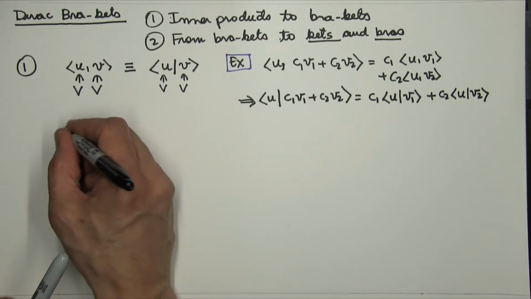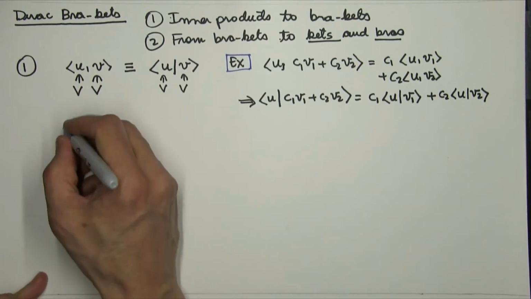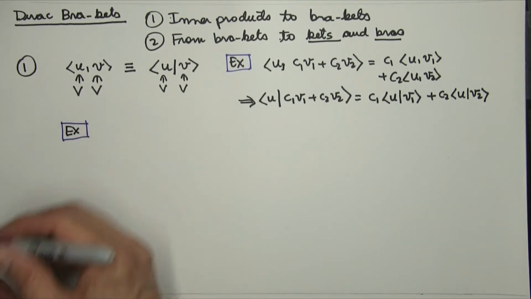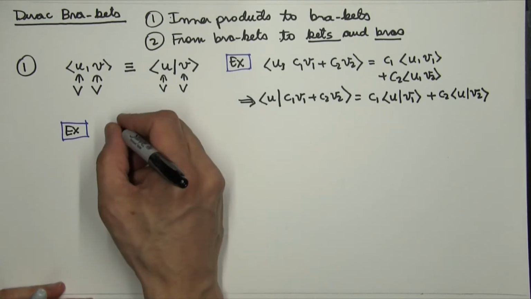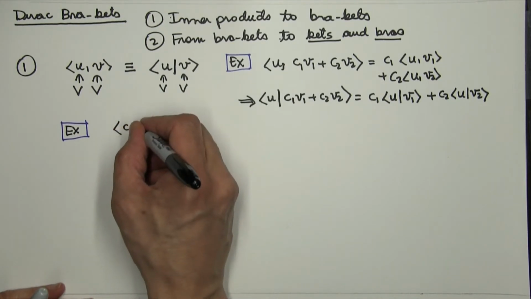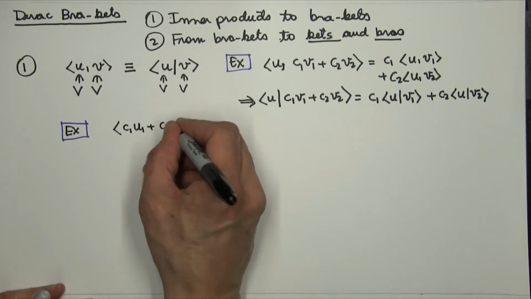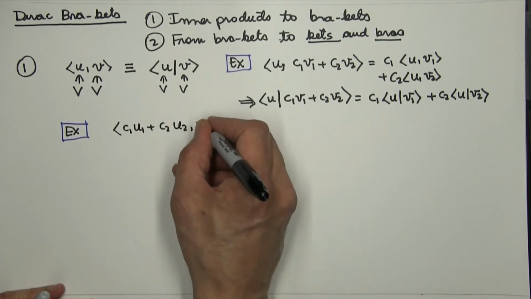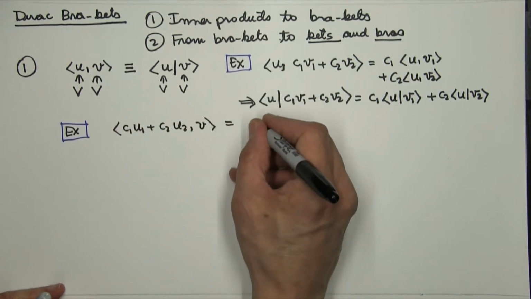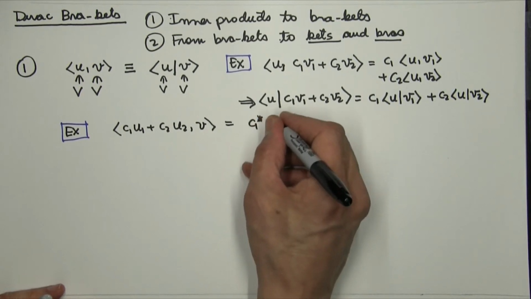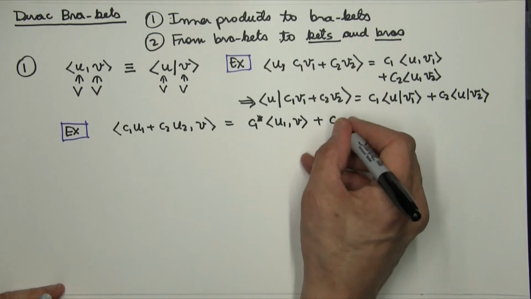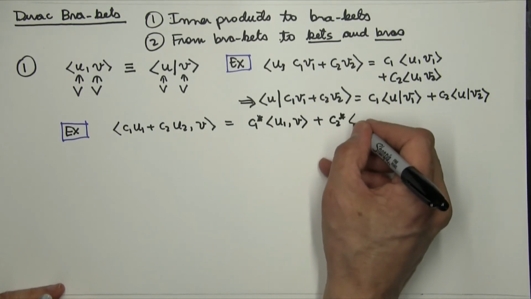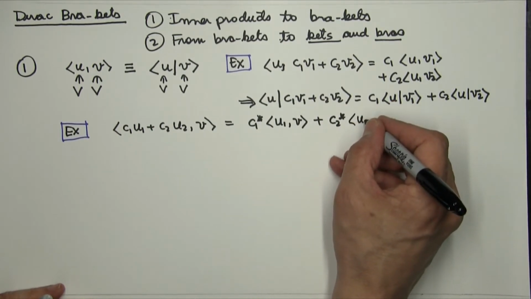It's probably important to do an example where you have things on the left side of the bracket. You remember this property of conjugate homogeneity. If you have (C1 U1 plus C2 U2, V), that was equal to C1 star (U1, V) plus C2 star (U2, V).